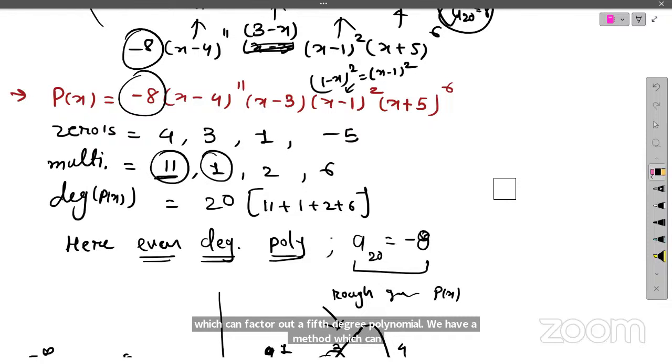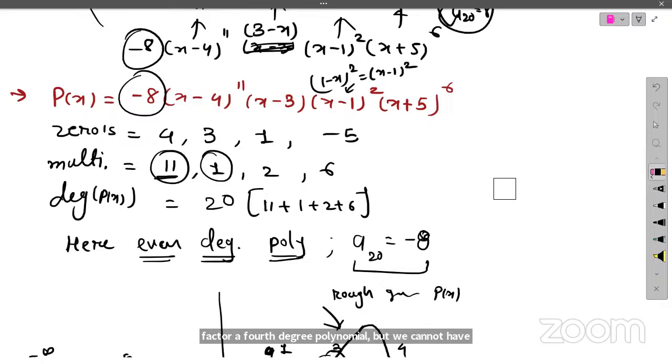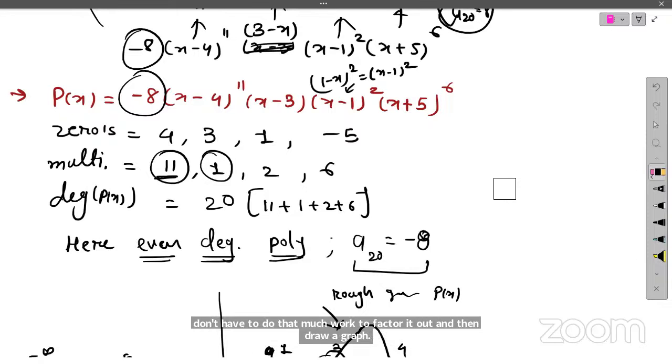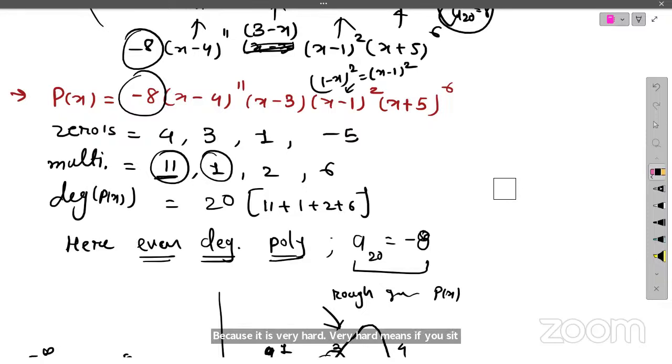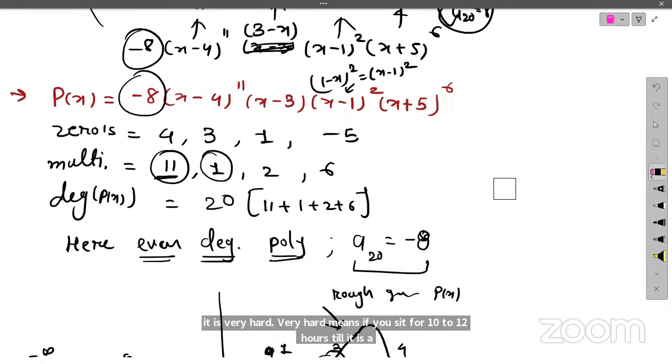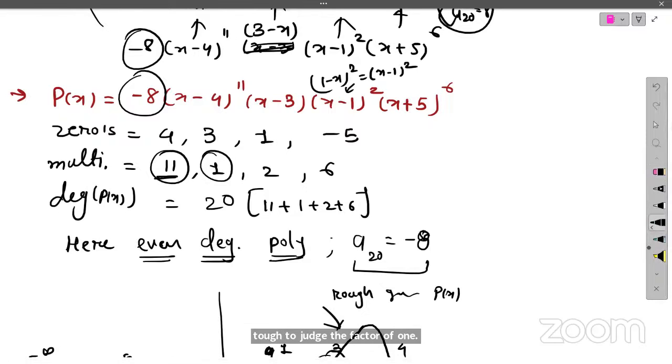So if someone gives you a polynomial to draw manually, it will always be in factor form. Even if you sit for 10 to 12 hours, it is tough to find the factors. Ma'am, can you show the graph of even multiplicity and odd multiplicity once?